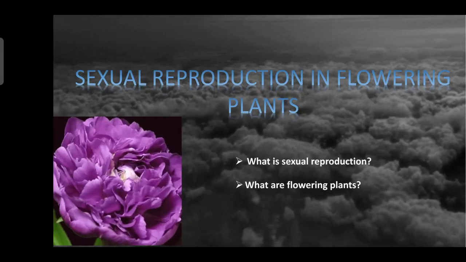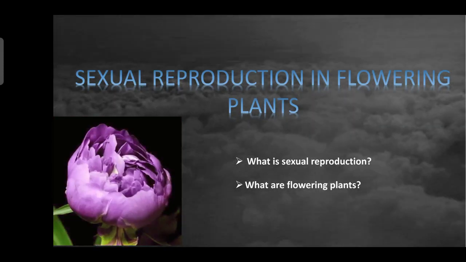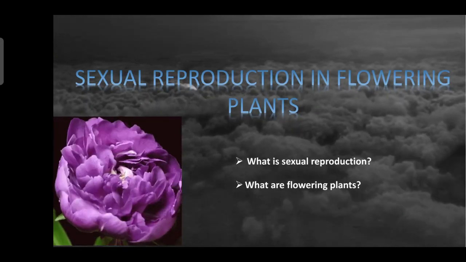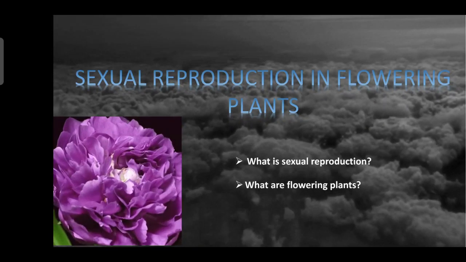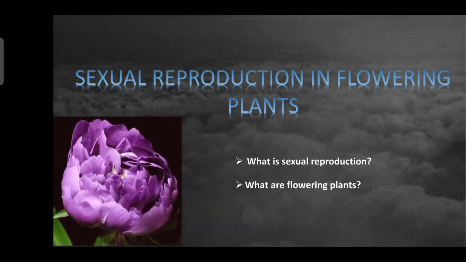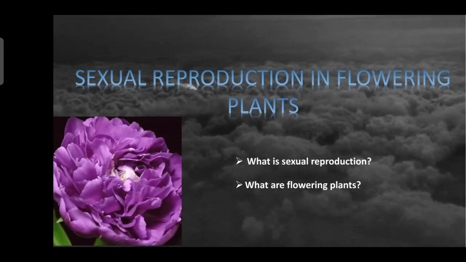What are flowering plants? See, taxonomically flowering plants are nothing but the angiosperms. These angiosperms keep on producing the flower as a means for the process of sexual reproduction. So flowering plants taxonomically means angiosperms.